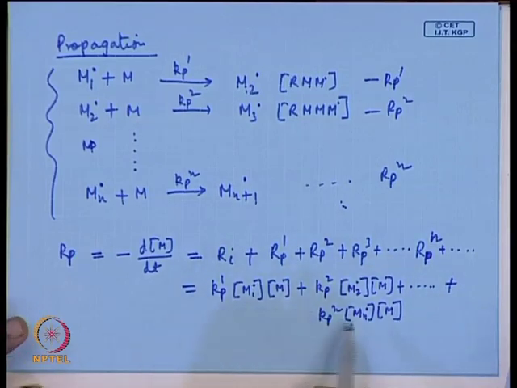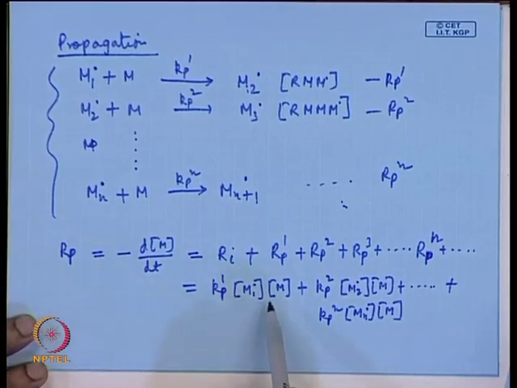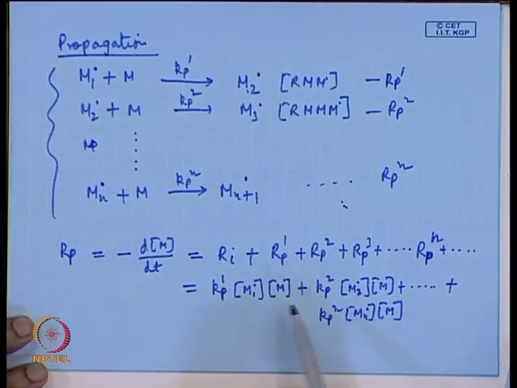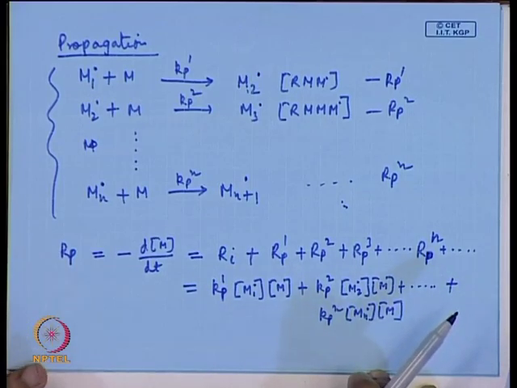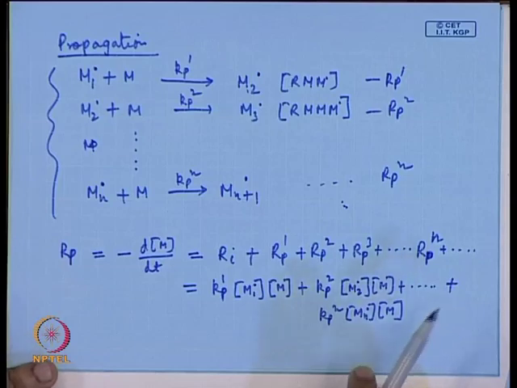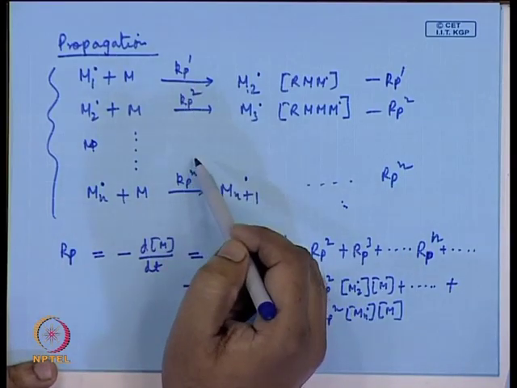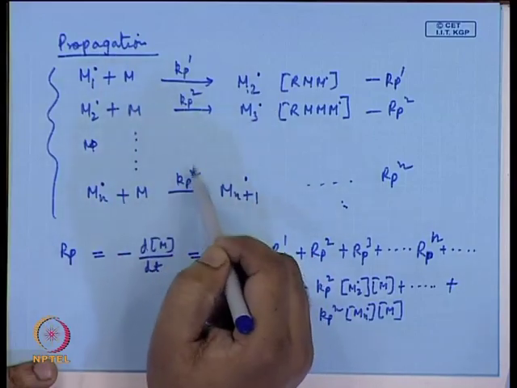Now, it is very difficult. If you want to find this out, you have to know all these rate constants Kp1, Kp2, Kp3, Kp4 and all these things. That is practically impossible. So, what is assumed is that the rate constants for all these propagating reactions are the same.